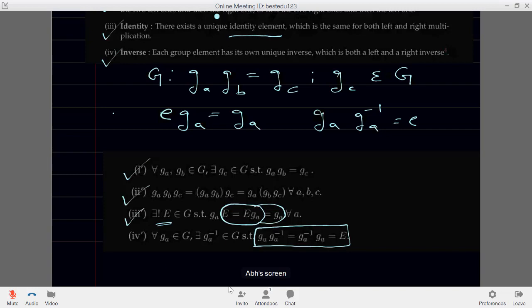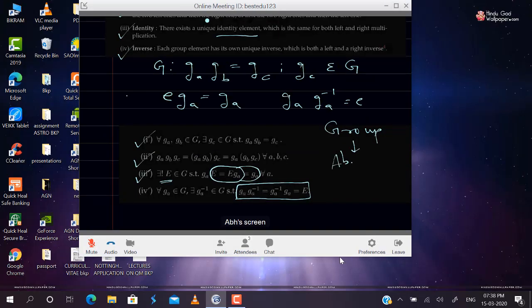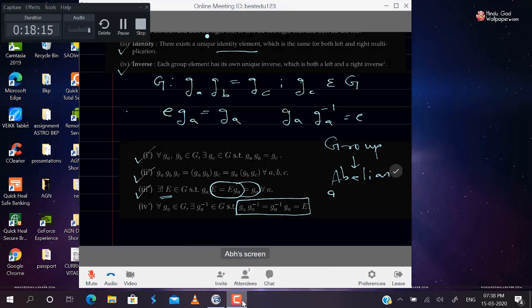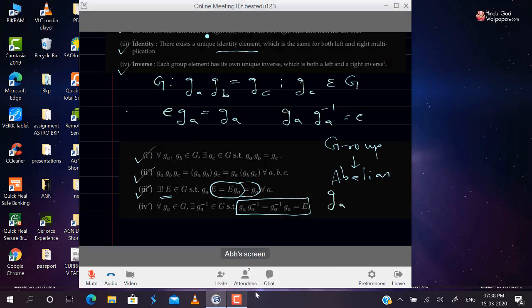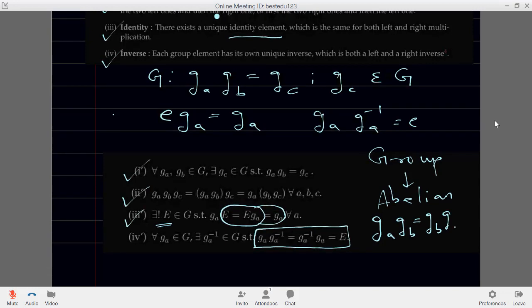There is one more thing. A group is called an abelian group if all the elements satisfy this property. Take any two elements, GA, GB, multiply them, and if GA GB is equal to GB GA, then we say that the group is an abelian group.